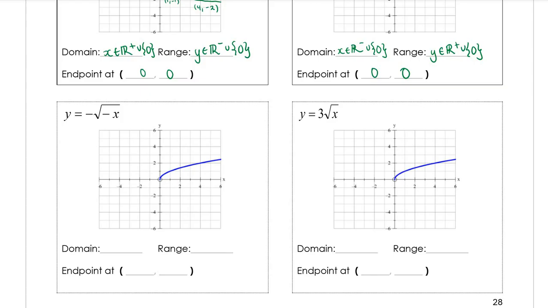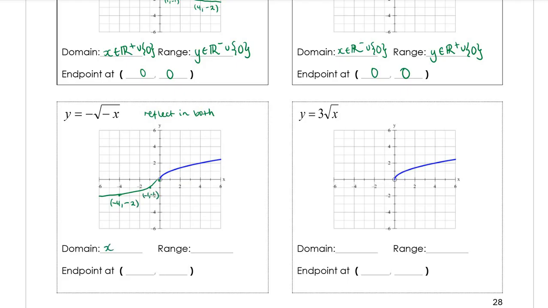Now, if I have a negative both inside the square root and on the outside, we're going to be reflecting this in both our axes. So that means that our graph's going to end up looking like this, with this being (-4, -2), (-1, -1), and so on.